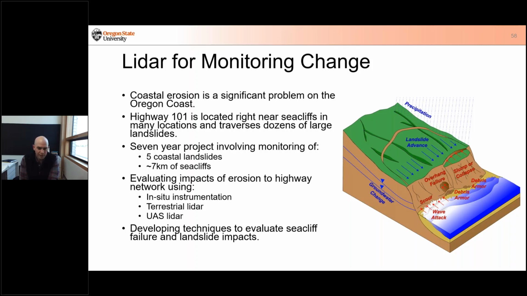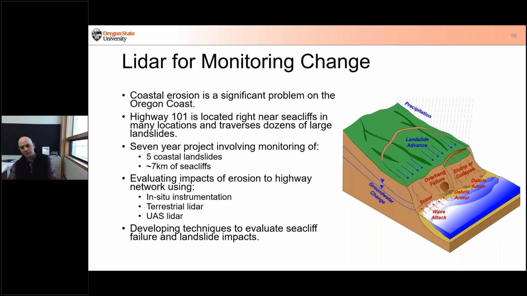And it's near lots of sea cliffs that are actively failing, and it traverses dozens of very large, slow-moving landslides that march that highway towards the ocean. What we have is a project with the state, 7 years in total, and we're on year 6, that involves monitoring of 5 relatively active coastal landslides, about 7 kilometers of sea cliffs, and we're looking at impacts of erosion directly and indirectly affecting the highway network using in situ instrumentation, most of which has been sheared away at this point, terrestrial LiDAR, and in one specific event, UAS LiDAR.